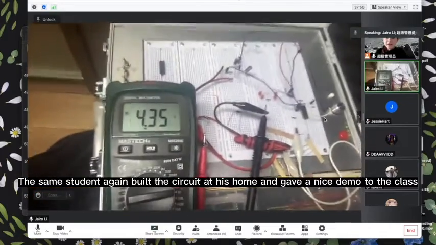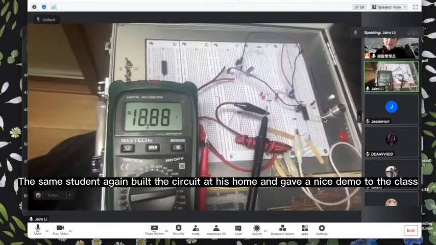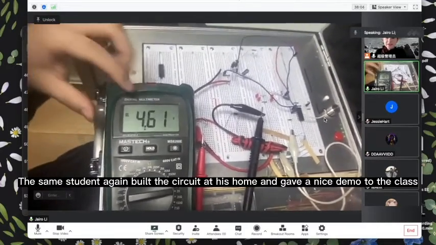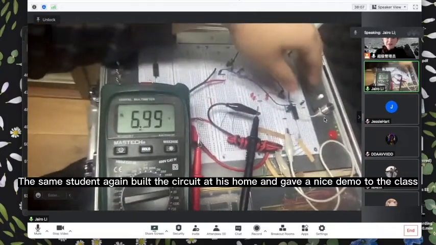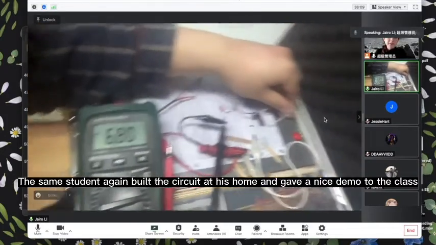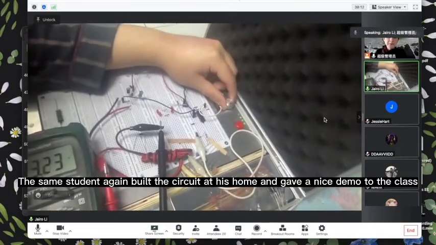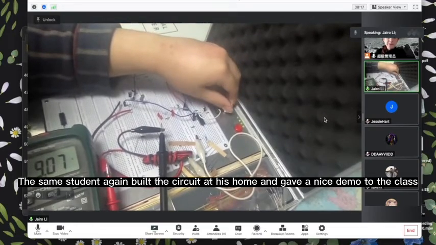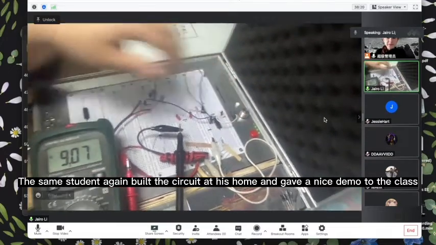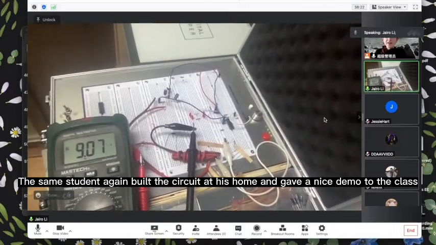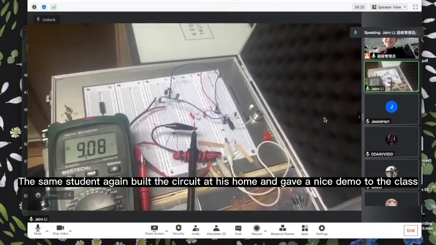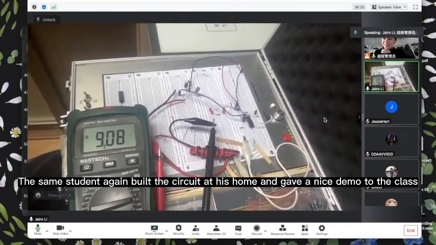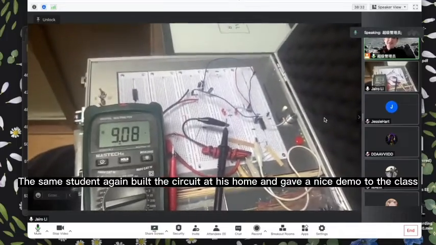As you can see, the output is floating up and down, but it's around 10 volts. Here it is for adjusting the frequency of the AC, and as it goes to higher frequency, you can see it is stable and stabilized at 9 volts. When it was changing, it was at low frequency.